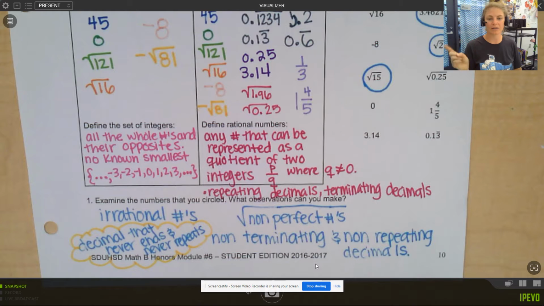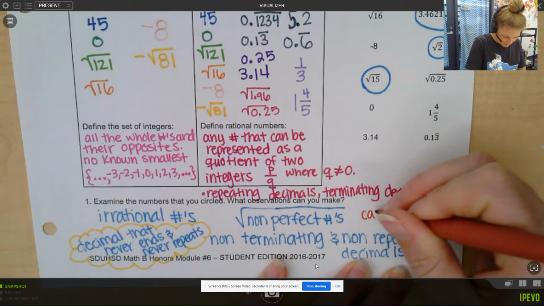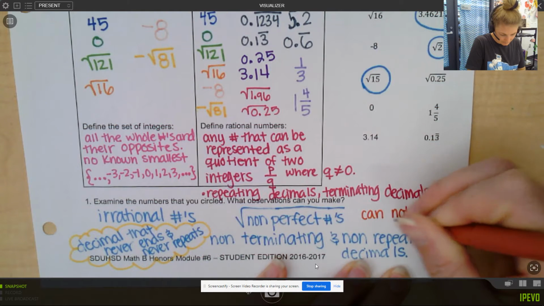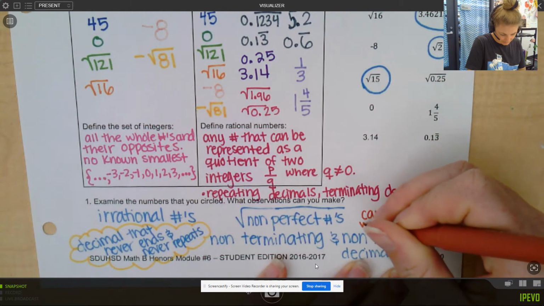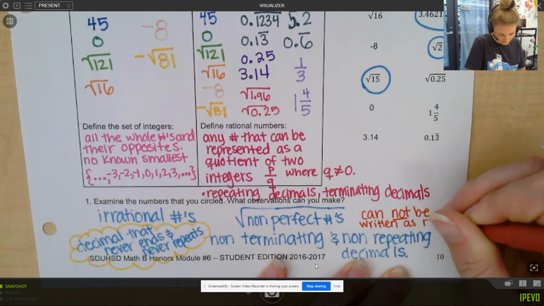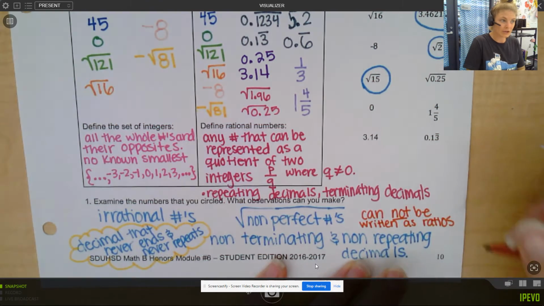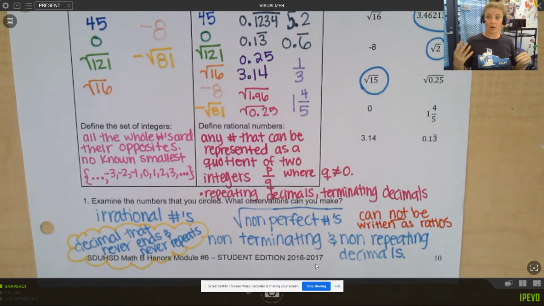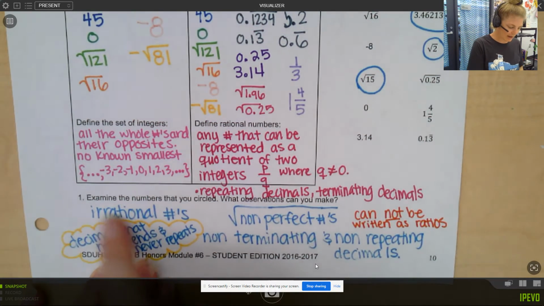So we cannot write these as a fraction. They cannot be written as ratios. Because remember, rational numbers, I like to call them rationals because it has the word ratio in it. We can write it as a fraction. But these are irrationals.